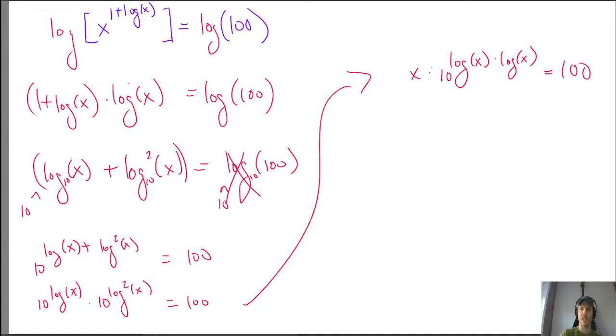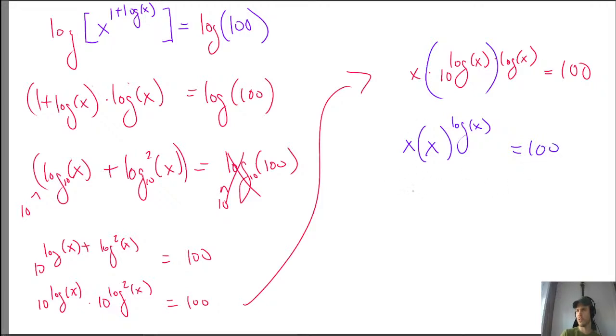Now, I'm going to use another exponent rule, which says that when you take a base raised to an exponent and you raise it to another exponent, you just multiply them together. So this is x times x raised to the log of x. And did I just like undo the whole thing?